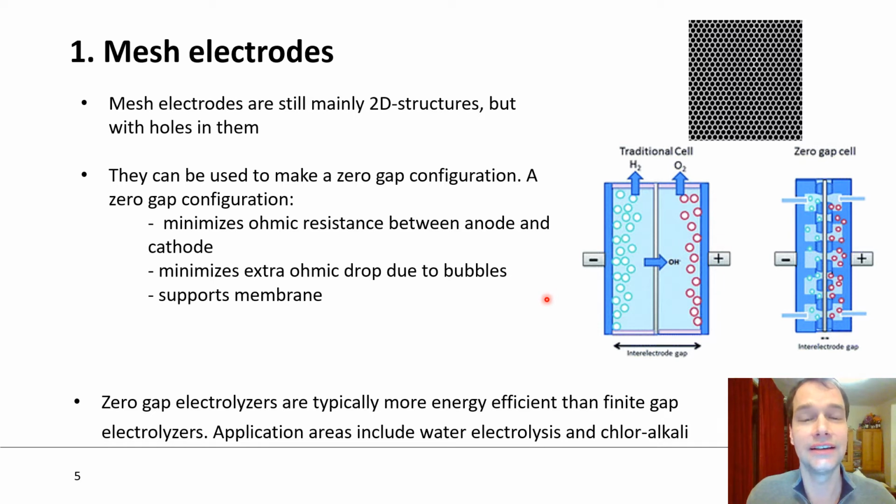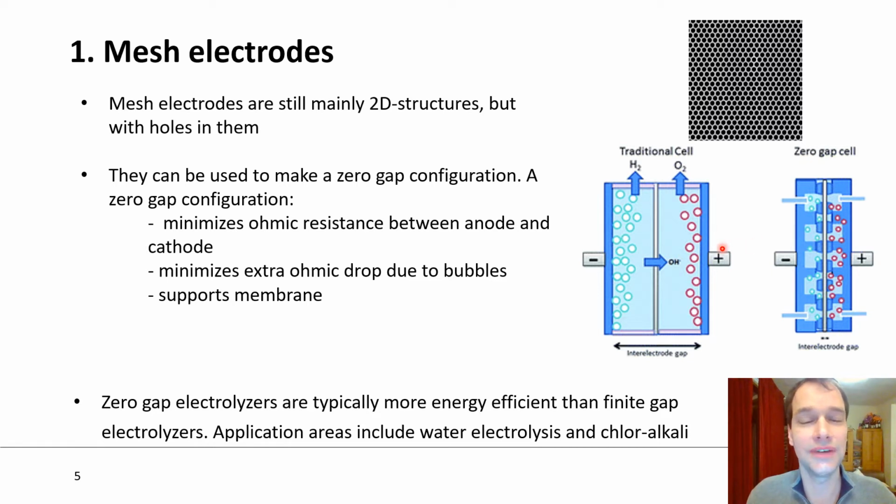And thirdly, the zero gap configuration also gives extra support to the membrane. Here the membrane is very loose and it can basically move in all kinds of directions, which can lead to tears or can lead to less efficient operation. But in this configuration, you basically sandwich the membrane between the electrodes and you give it a lot of support, keeping it nicely in place.